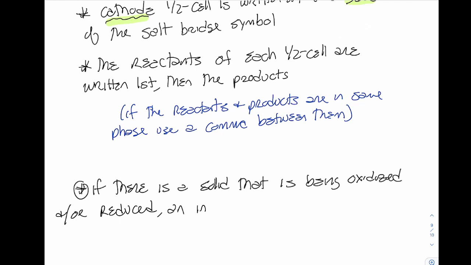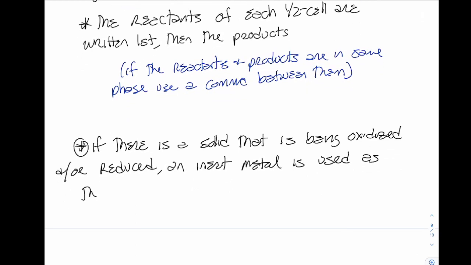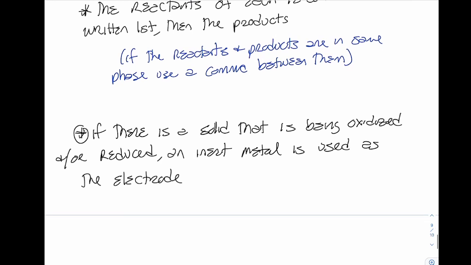An inert solid, and it's going to be metal, let's say an inert metal, is used as the electrode. The most common example for this is going to be a piece of platinum, so usually platinum. If you are using platinum, that does need to be in your shorthand notation.